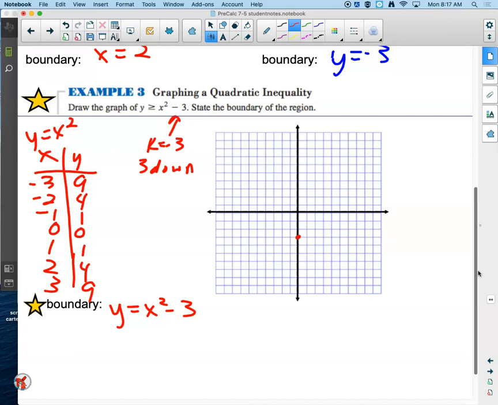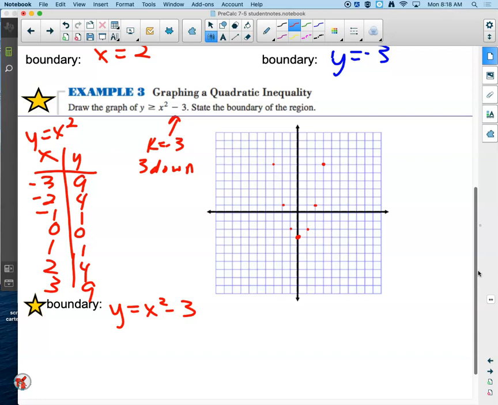And when you graph, start from here and say, well, 1, 1 would be 1 to the right and 1 up. And 2, 4 would be 2 to the right and 4 up. And then 3, 9 would be 3 to the right and 9 up. And like I said, that way you don't have the parent function and your y equals x squared minus 3 on there. And you can just use symmetry with the parabolas to get the other side.